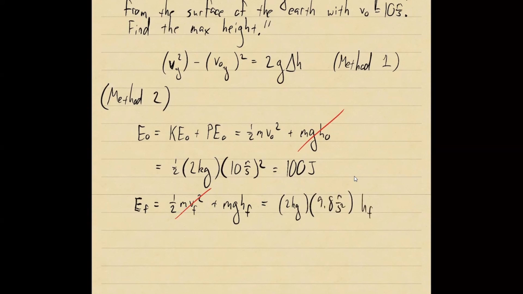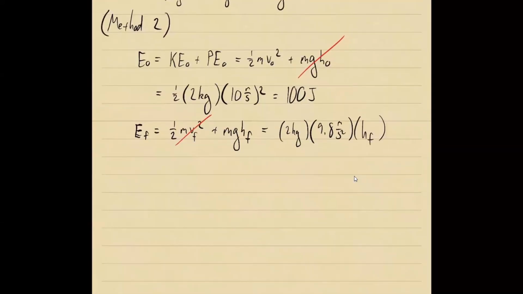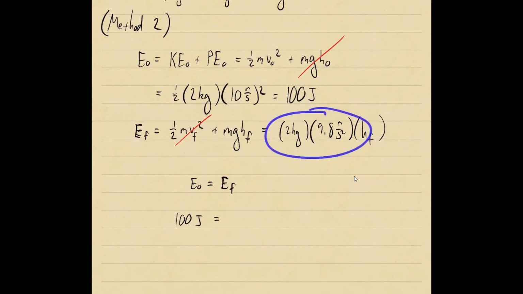times max height. And because we know that energy is conserved here, we know that our initial energy of our ball is equal to our final energy. So our initial energy is 100 joules. And on the right side, we have our final energy, which is 2 times 9.8 times our final height above the ground.